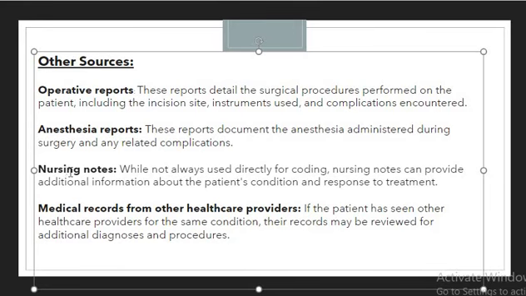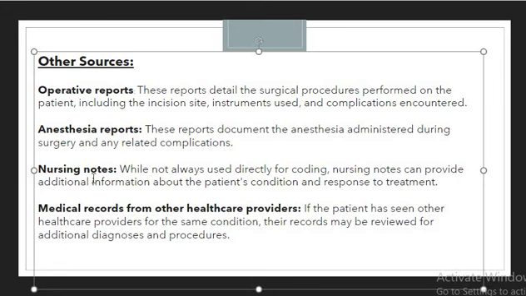While not always used directly for coding, nursing notes can provide additional information about the patient condition and response to the treatment. Okay, the coding team is not directly using these notes, but they look at this information as additional information whenever it is required.